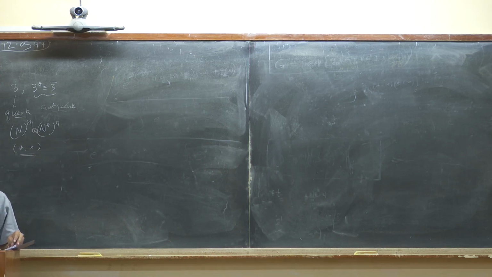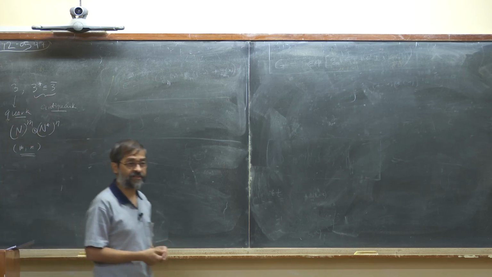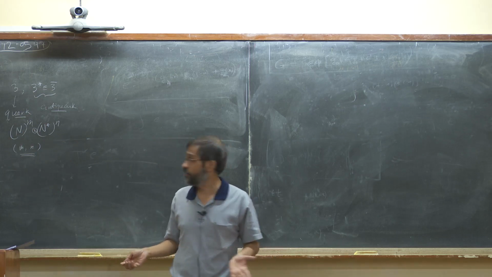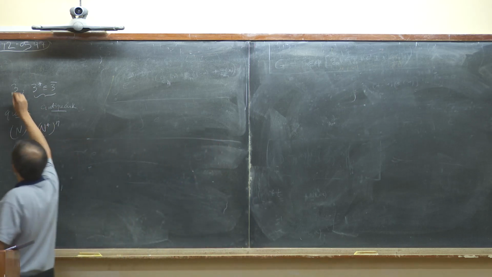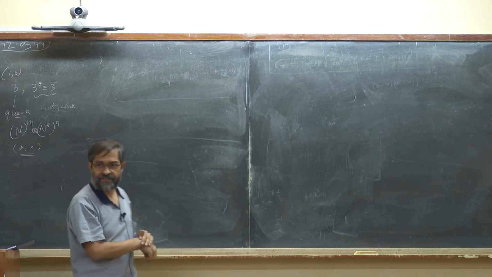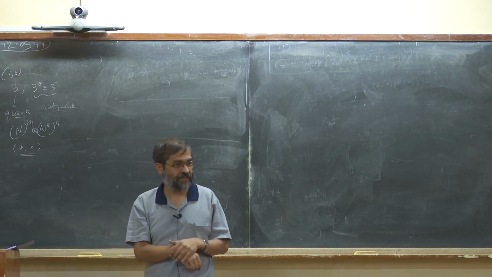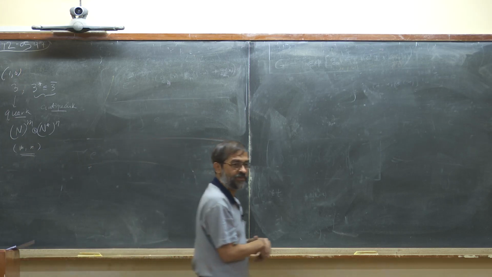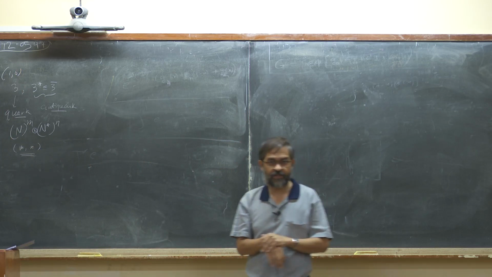So the way we familiarized ourselves with 3 bar is by explicitly constructing it. First we encountered that 3 had the Dynkin label 1, 0, and we said that all ordered pairs of integers correspond to a valid irreducible representation.